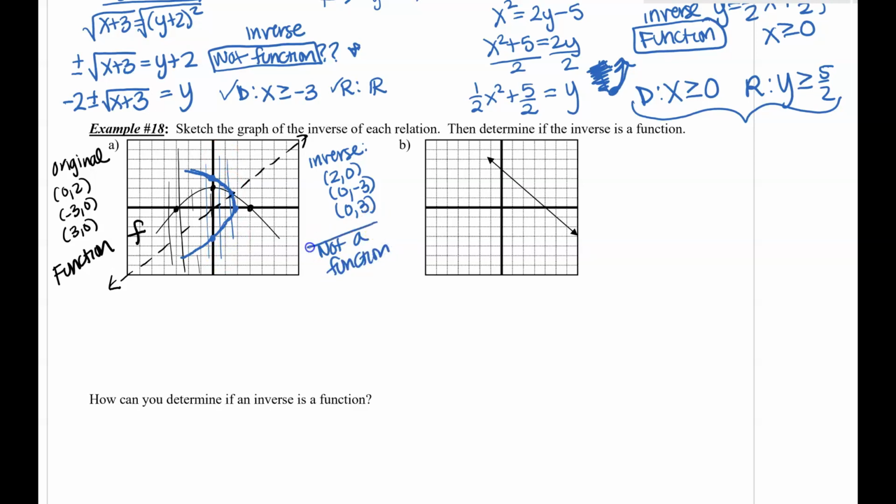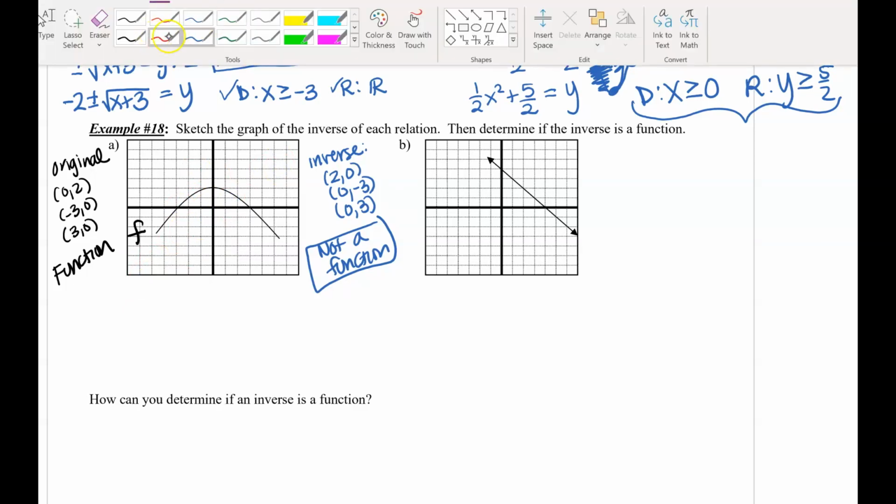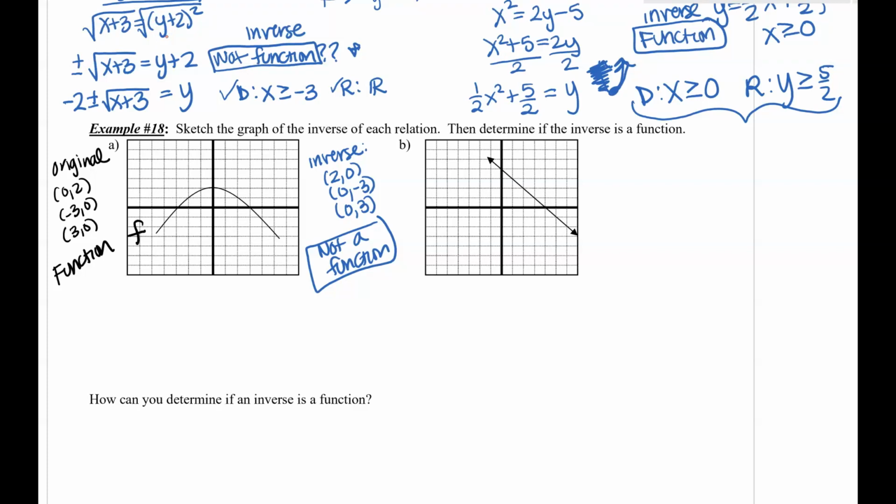Our question becomes, can we tell that something, an inverse, is or is not a function before we graph it? Okay, so if we just had this function and you knew your original function looked like this, understanding what an inverse is, could you understand right away if this is a function and if its inverse is a function?